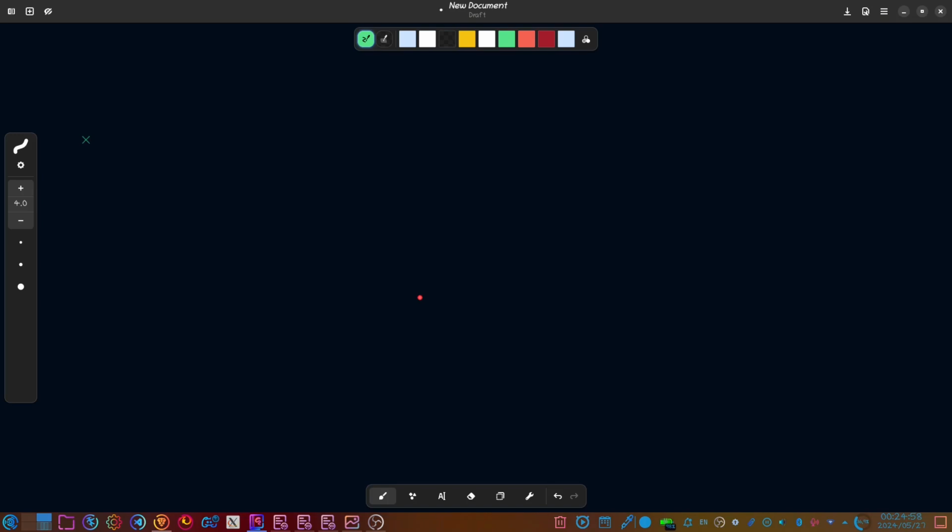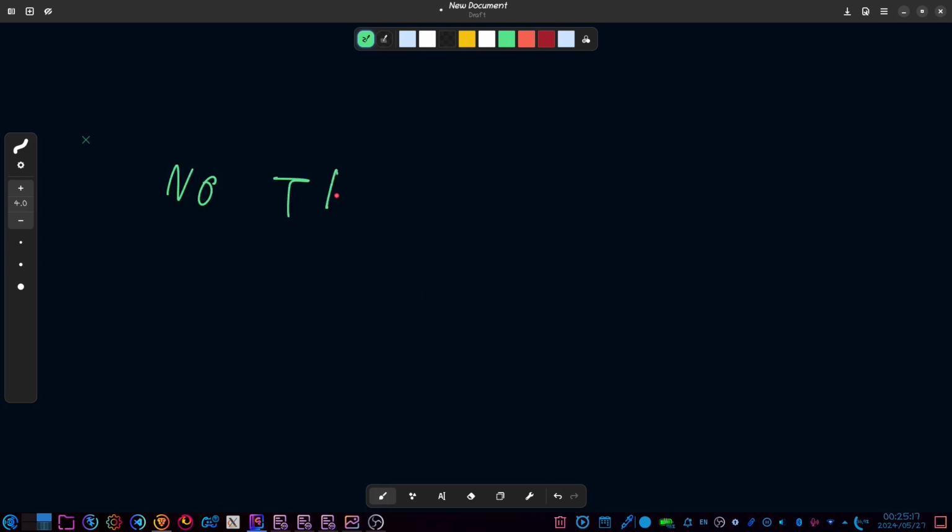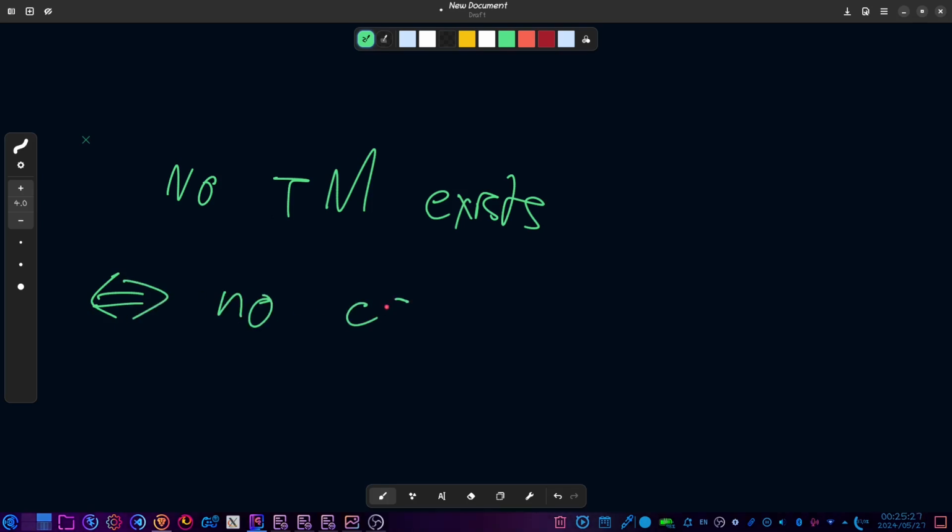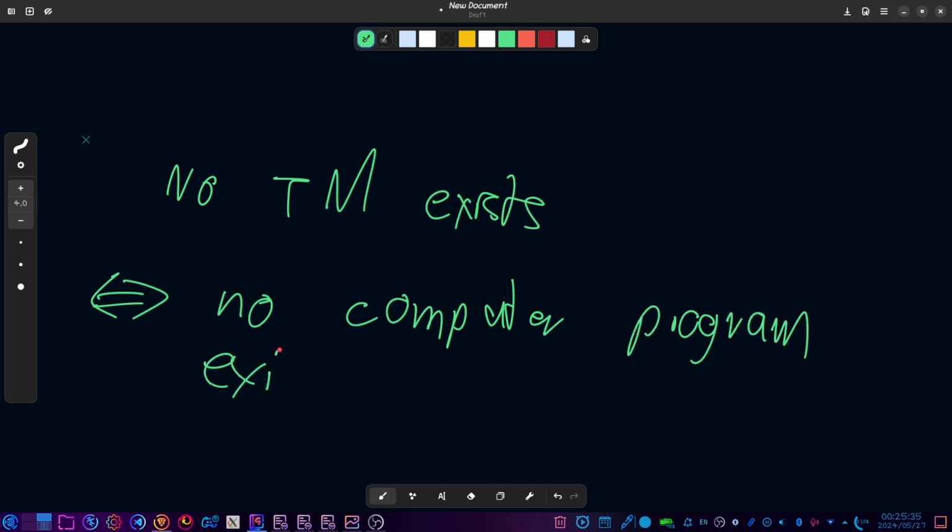So yeah, why am I bringing that up now? Basically, when we're talking about how to show computers can't do things, we do that by showing that Turing machines can't do things, right? Because if we say that no Turing machine exists, that is the same thing as saying no computer program exists.